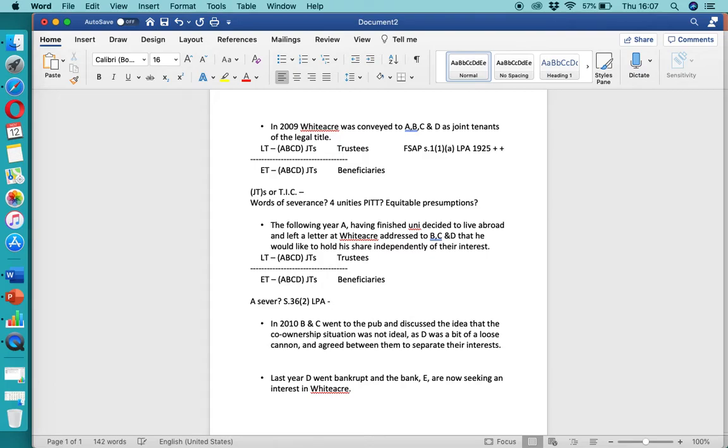How it should be delivered under section 196 of the LPA. You've got some cases like Re 88 Berkeley and Kinch and Bullard, etc., as to whether what he's done is enough in leaving a letter at the house. And if you can't remember, it is. So the fact that he's left that letter would be sufficient to sever himself from the equitable title.